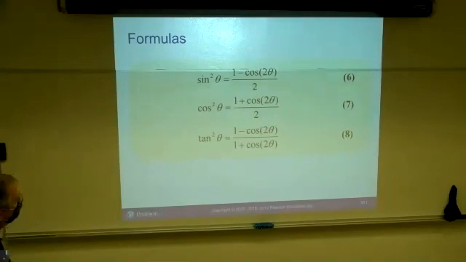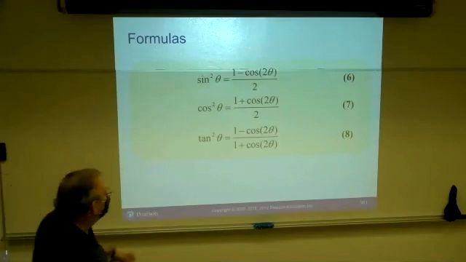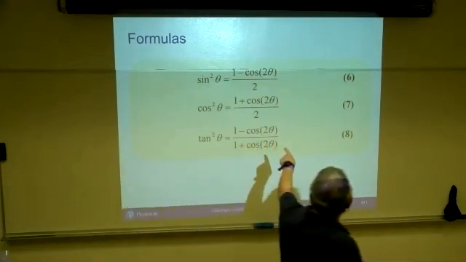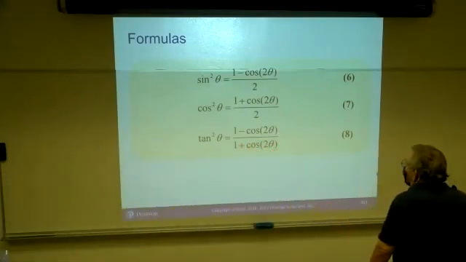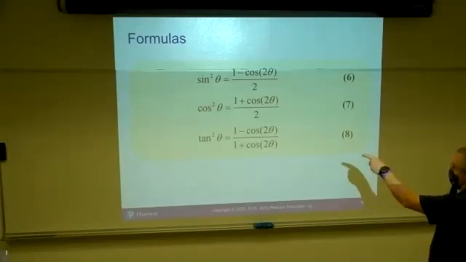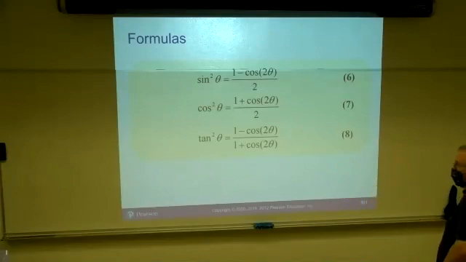Here are more formulas. I can rewrite sine squared as 1 minus cosine of 2 theta over 2. I can rewrite cosine squared theta as 1 plus cosine 2 theta over 2.